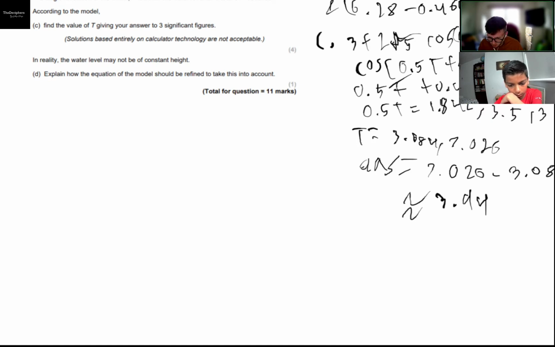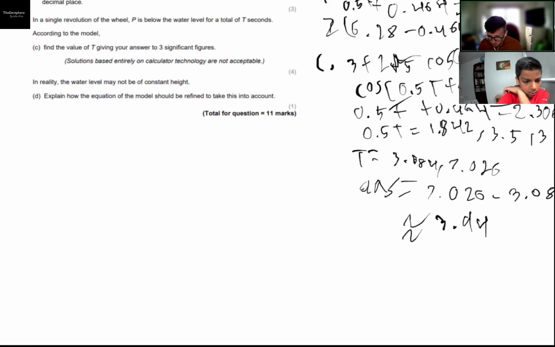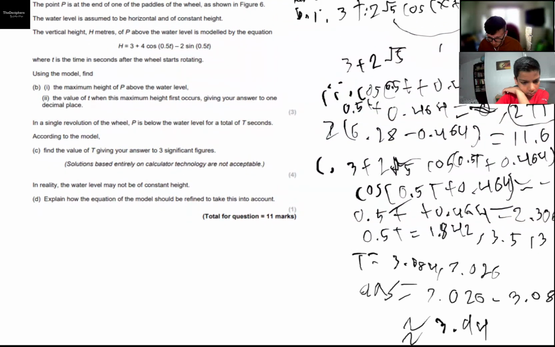Let's just check that, because I don't think I made a mistake somewhere. 3.977 minus 0.464 times 2 is 7.026, yeah, I've got that.